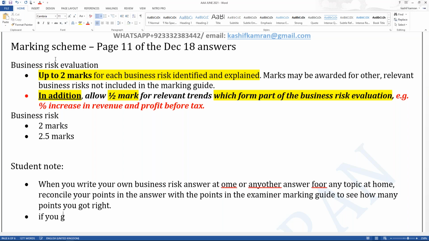If you got 50% or more points right, you are on the right track for success.